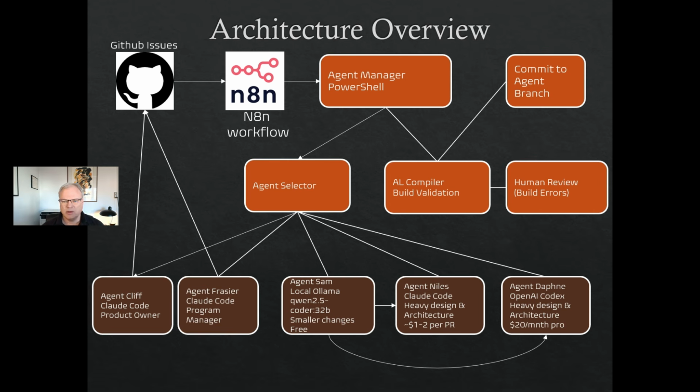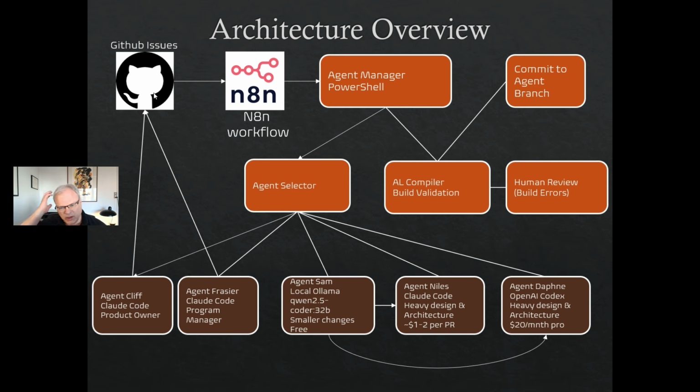So I have a clone of the ALGO for GitHub repo, and in that, I have added the necessary support for the agents to work. If you've seen agents work before, they work a lot off of Markdown files. So there's a set of Markdown files to set up how the agent should work. And then all of the orchestration is done through GitHub issues.